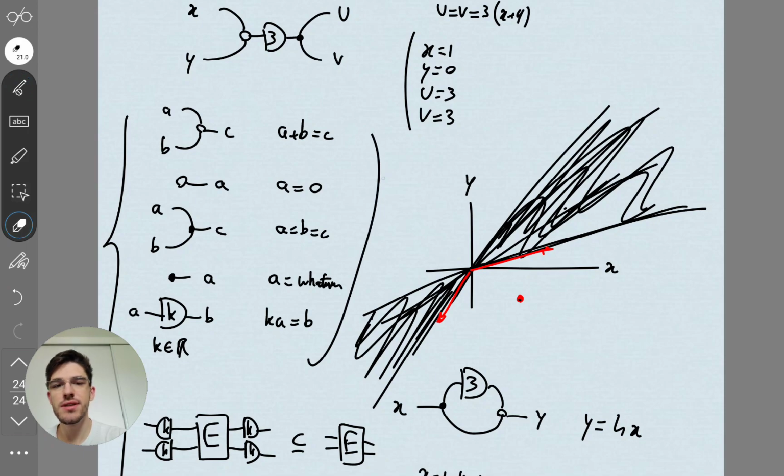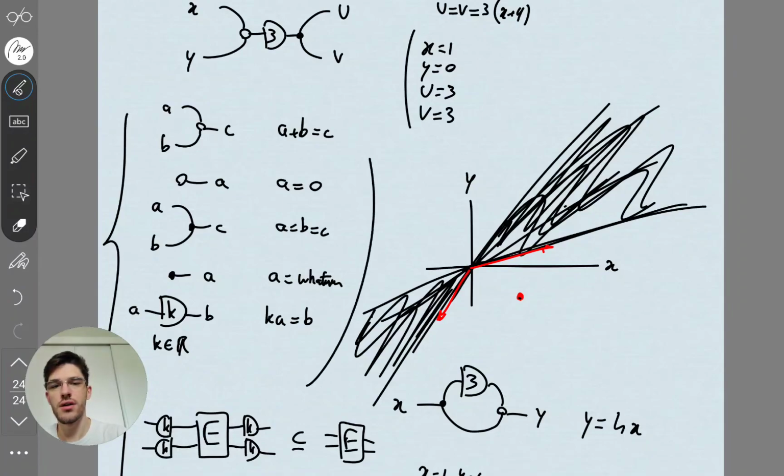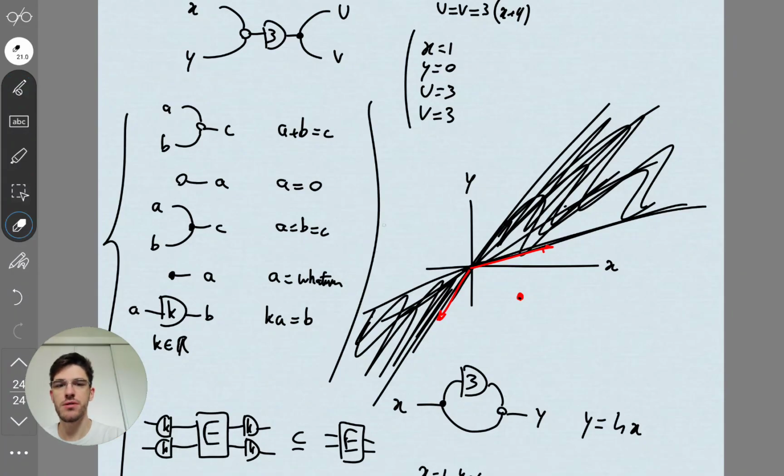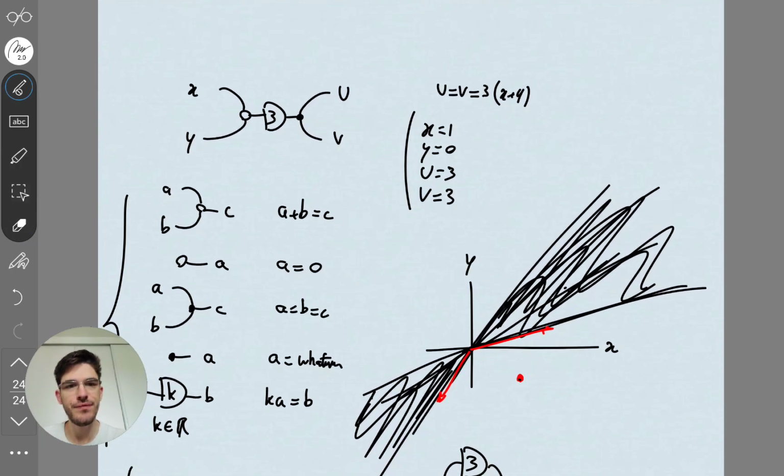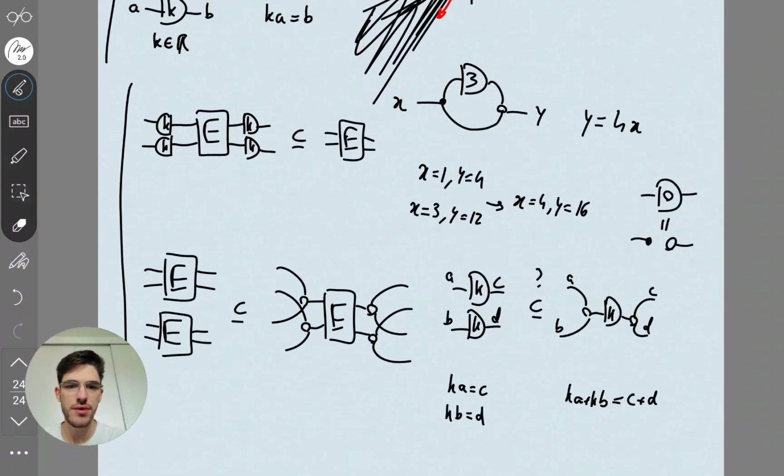So these describe exactly all of the linear things, which is why we call it graphical linear algebra. We can do linear algebra, which is the algebra of the linear things, using just that. Pick any linear equation and bam, we can write it like this. Which is why it's so cool.